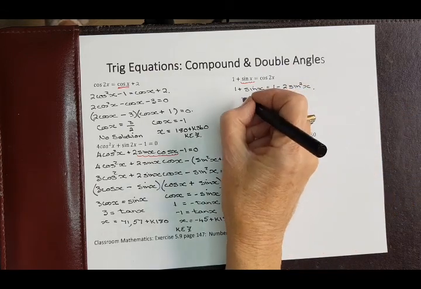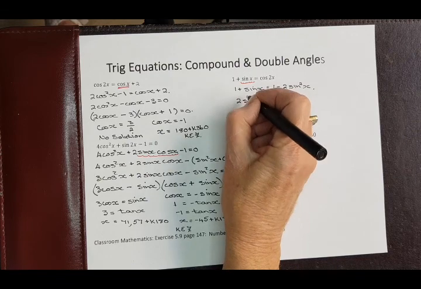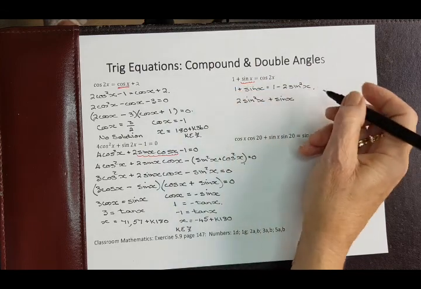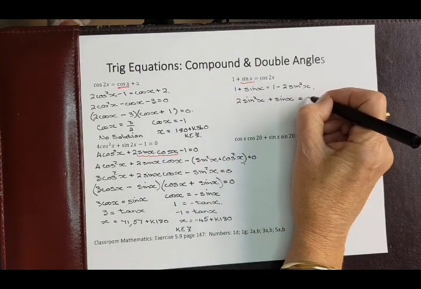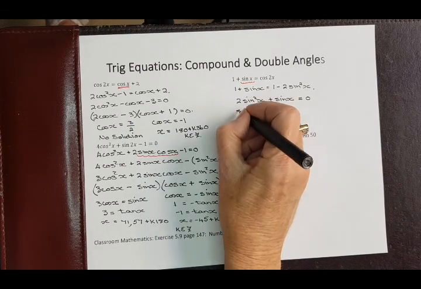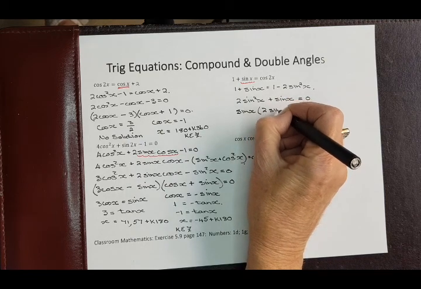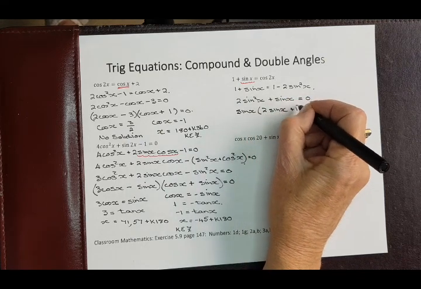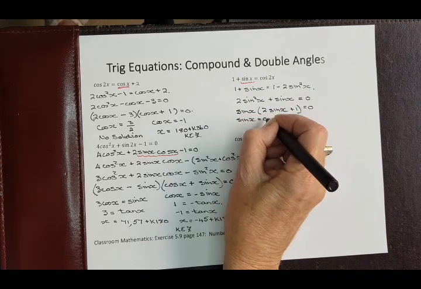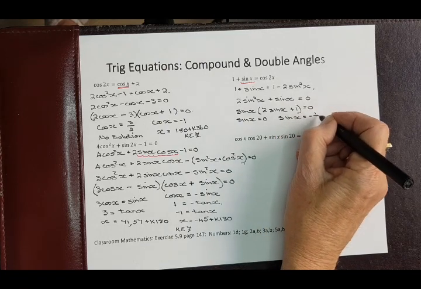Everything on one side equals 0, so I get 2 sine squared x plus sine x, and in this case 1 minus 1, the constant disappears. My factorization here, well, it's not a trinomial, but I do have a common factor of sine x. My bracket becomes 2 sine x plus 1. So this means that sine x is equal to 0, or sine x is equal to minus a half.